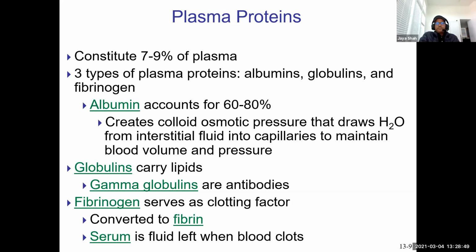So I want to connect some clinical correlation here with albumin. I'm gonna pick some of you. Say if I have more plasma protein in my blood, that means my osmotic pressure will increase or decrease?